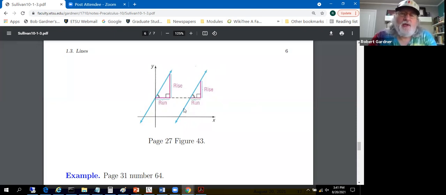But these lines are parallel because the rise to run ratios are the same. And by the way, they're not exactly the same line. They don't have the same y-intercept. The y-intercept for this one is right there. The y-intercept for this one, I don't know, this is somewhere down here. It's not there. If it was, we wouldn't have 2 distinct lines.